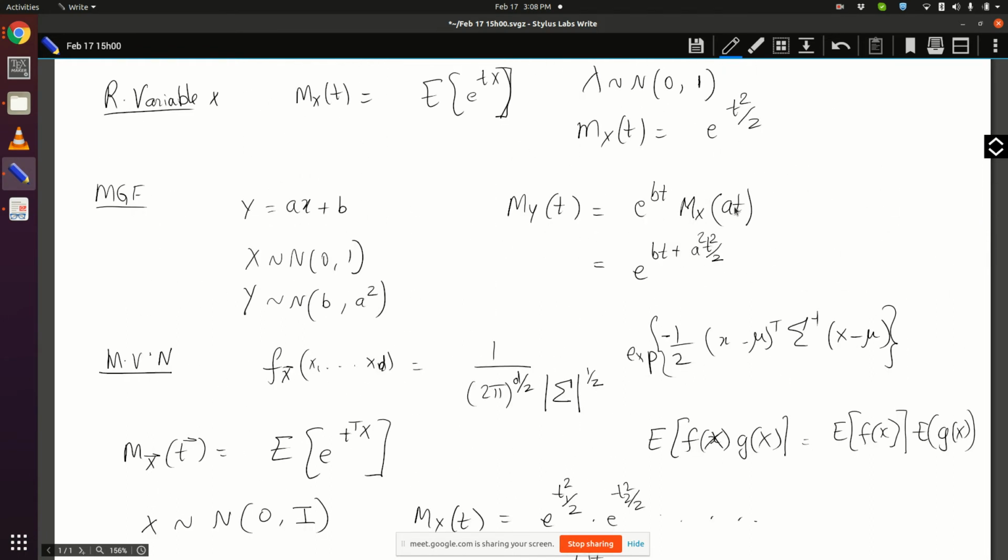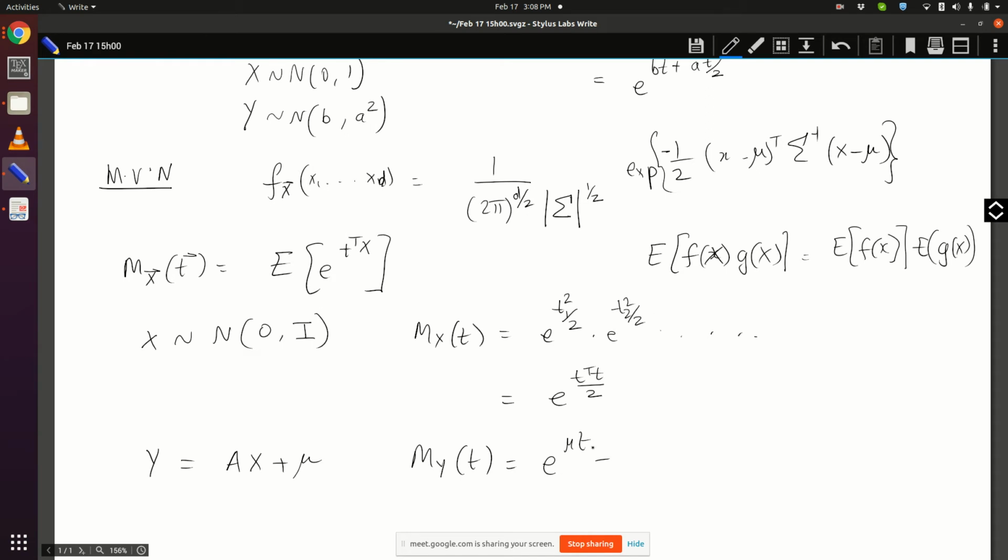Here, if you remember, M_X of At was there, so instead we have M_X of A transpose t. That will give us e power mu transpose t, and then t will become A transpose t.